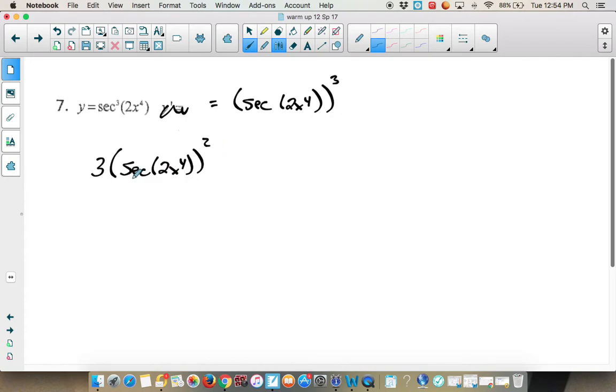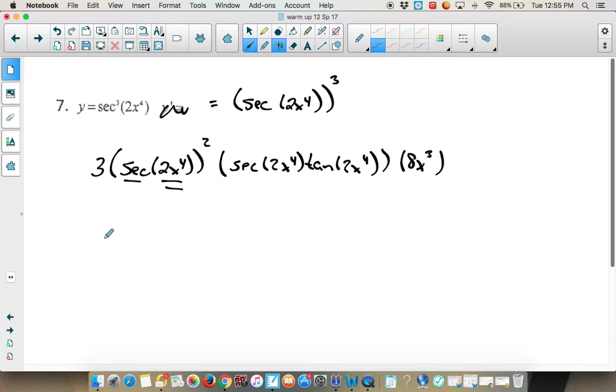Now I need to start taking the derivative of the inside. So the first thing I'm going to deal with is the secant. So the derivative of secant is going to be secant of whatever, tangent of whatever. And then I'm going to deal with the derivative of the inside, which is going to be 8x cubed.